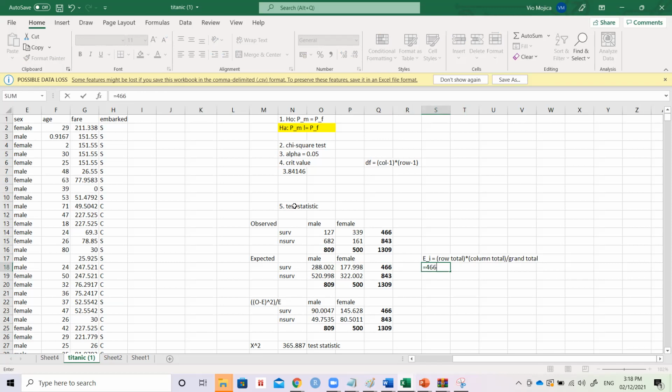Check natin na 466 times 809 all over 1309. So 288.002. This is what you're gonna expect if the proportion between the two is similar or the survival rate between males and females is similar. So guys, questions dyan? Okay na tayo dyan?